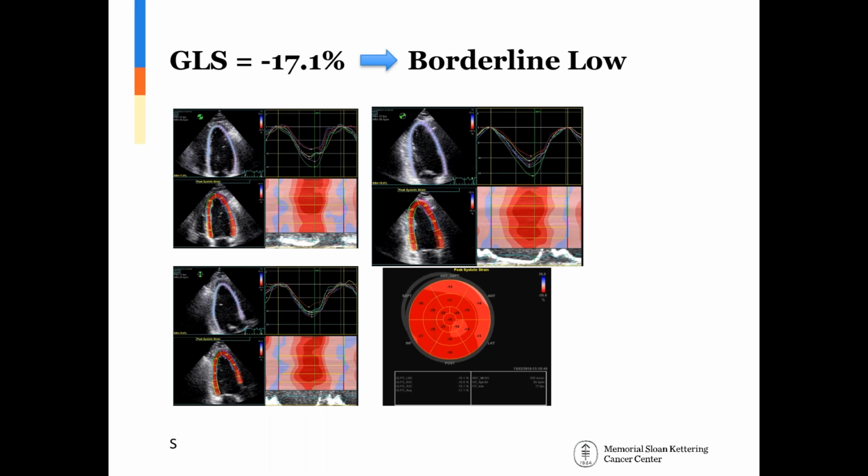So I think what you're getting at, Joe, is that there's definitely a need for responsible reporting of strain, right? So if you have bad image quality and if you have an unreliable measurement, we ought not to feel compelled to put a measurement in there and fill in the slot that says GLS is X, because I think that can actually be more harmful than helpful.